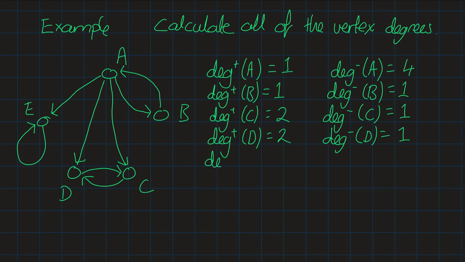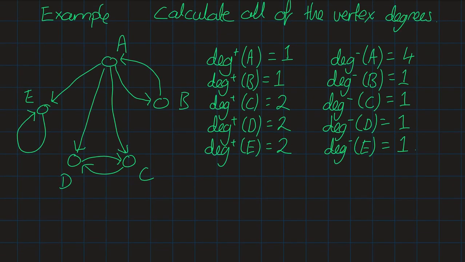And finally, let's do E. So for E, I see 2 arrows going in. So the in degree is 2, and I see 1 arrow going out. So it's 2, 1, like that. Okay? This is the complete list of all the in degrees and the out degrees.